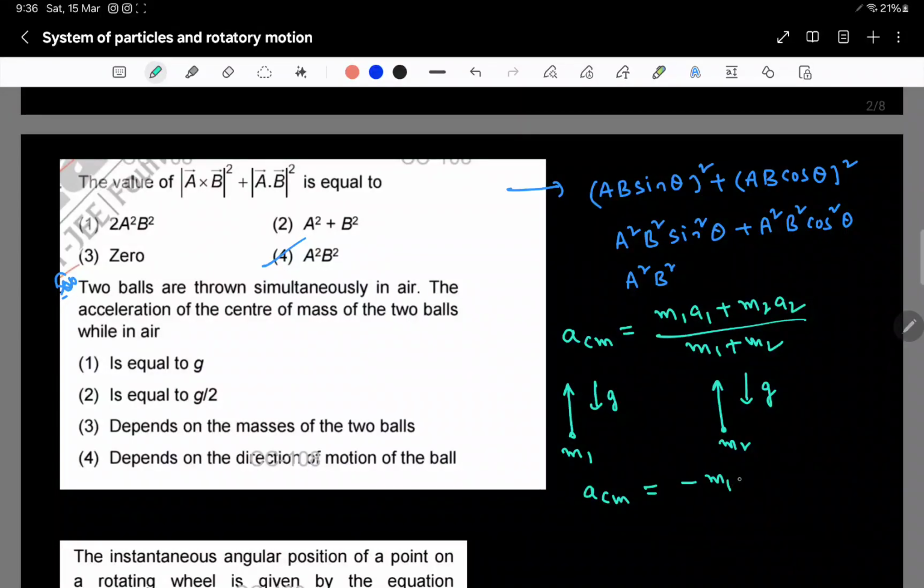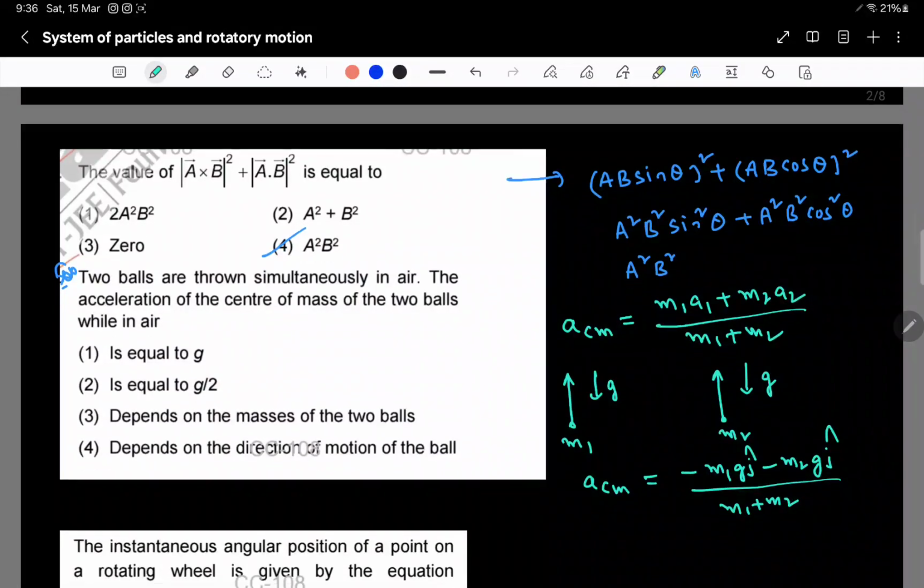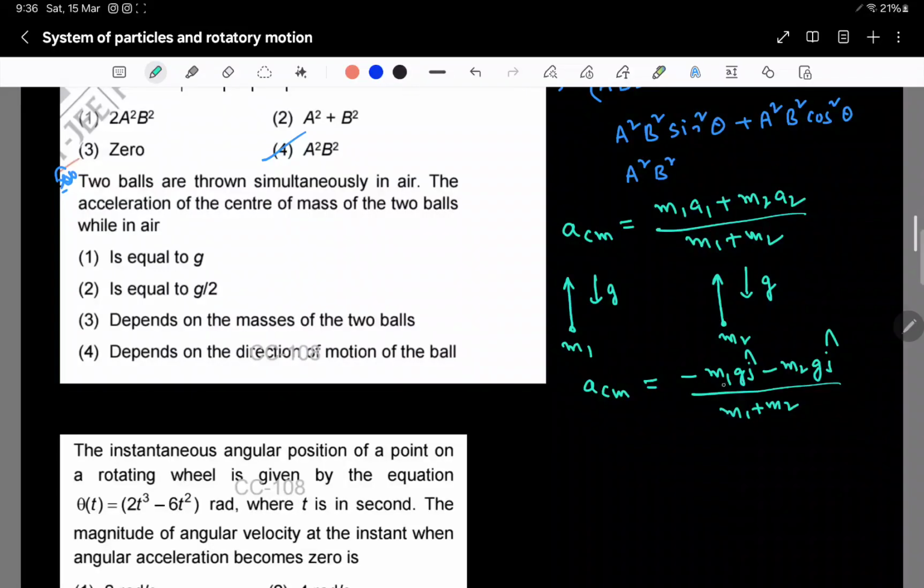So minus m1 g j cap minus m2 g j cap, the second also in the downward direction, by m1 plus m2. Easy, students. Minus g j cap is common, so the numerator is m1 plus m2, and the denominator m1 plus m2 cancels. The acceleration of the center of mass equals minus g j cap only. So the acceleration of the center of mass is equal to g only. Very important, students.